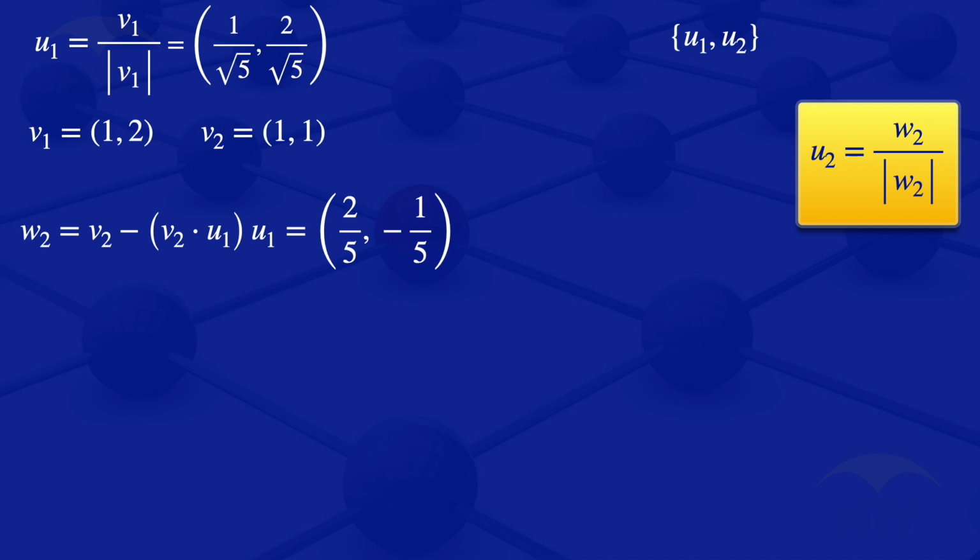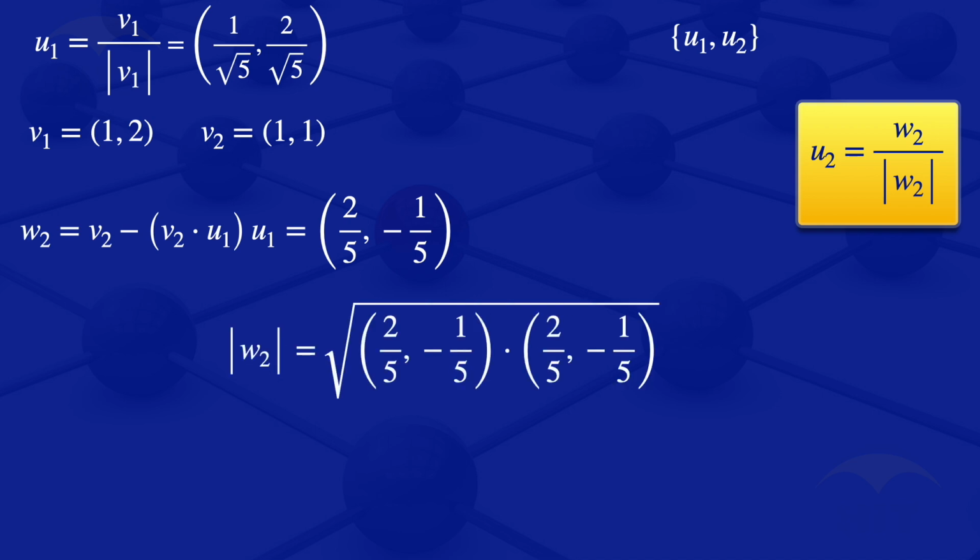The norm of W2 is the square root of the inner product of W2 and W2. Evaluating that, 2 over 5 times 2 over 5 gives us 4 over 25, and minus 1 over 5 times minus 1 over 5 gives us 1 over 25. When we add them, we have 5 over 25, which simplifies to 1 over 5. Taking the square root, we have 1 divided by square root of 5.